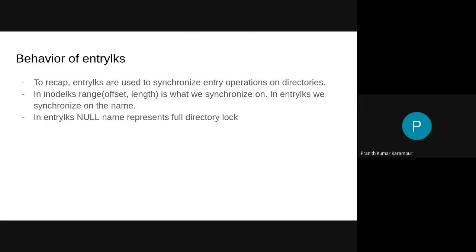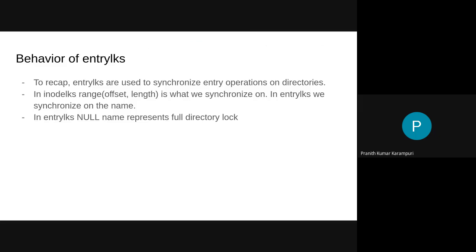So entry LKs are used to synchronize these sorts of operations between the clients. Just like we have ranges in inode LKs, which are offsets and length, here we have the names that we synchronize on.